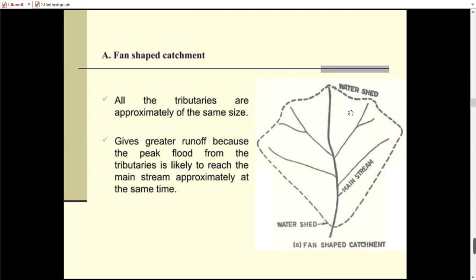So you have to understand what a catchment area is. Catchment is the area from which water comes during the rainy time. So this catchment gives greater runoff because the peak flood from the tributaries is likely to reach the main stream approximately at the same time.